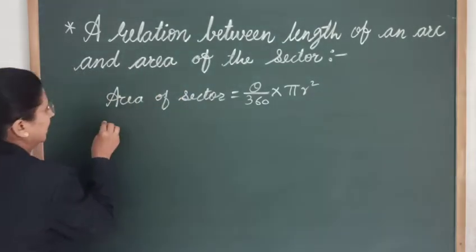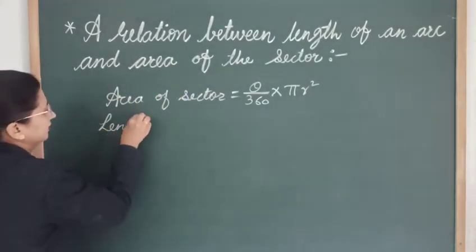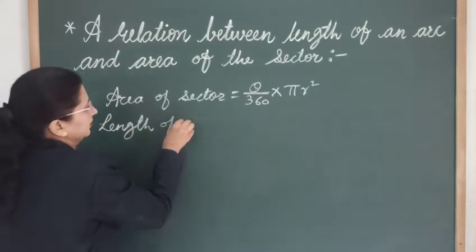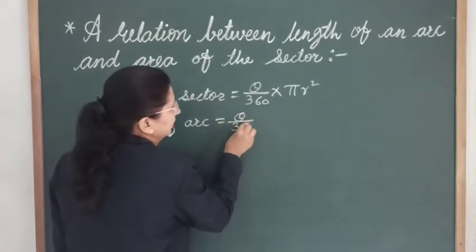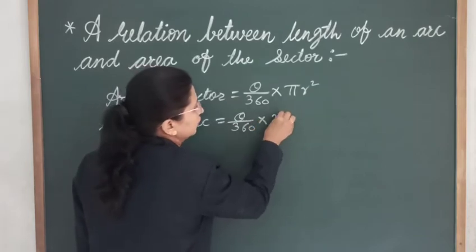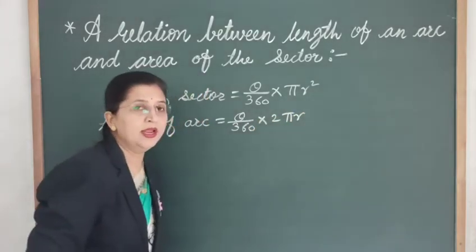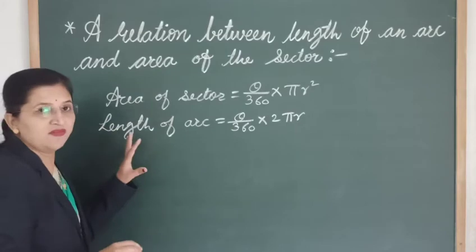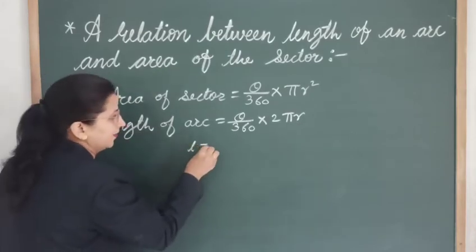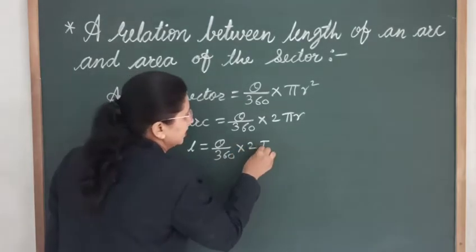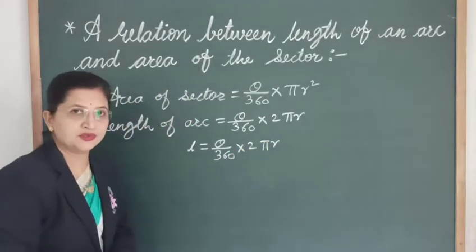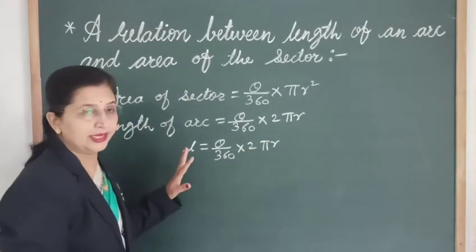Okay, and length of arc is equal to theta upon 360 into 2 pi r. Now dear students, here the length of arc is denoted by L. So let's write down here L is equal to theta upon 360 into 2 pi r.